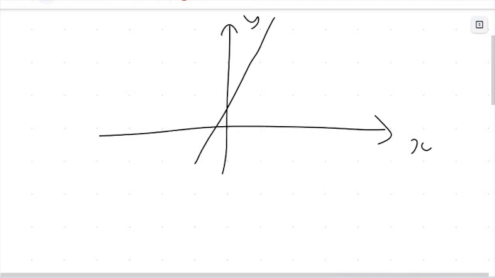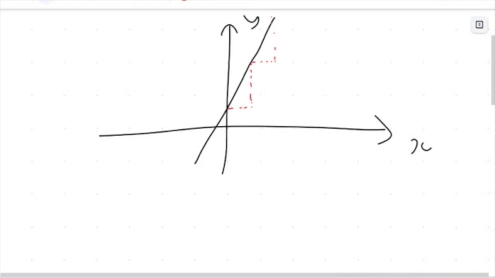So as x changed by 1, y would always change by the same thing. So for example, x changes by 1, y changes by 2. X changes by 1, y changes by 2. This is an example of something being directly proportional. The change in y, for every change in x, is always going to be constant.